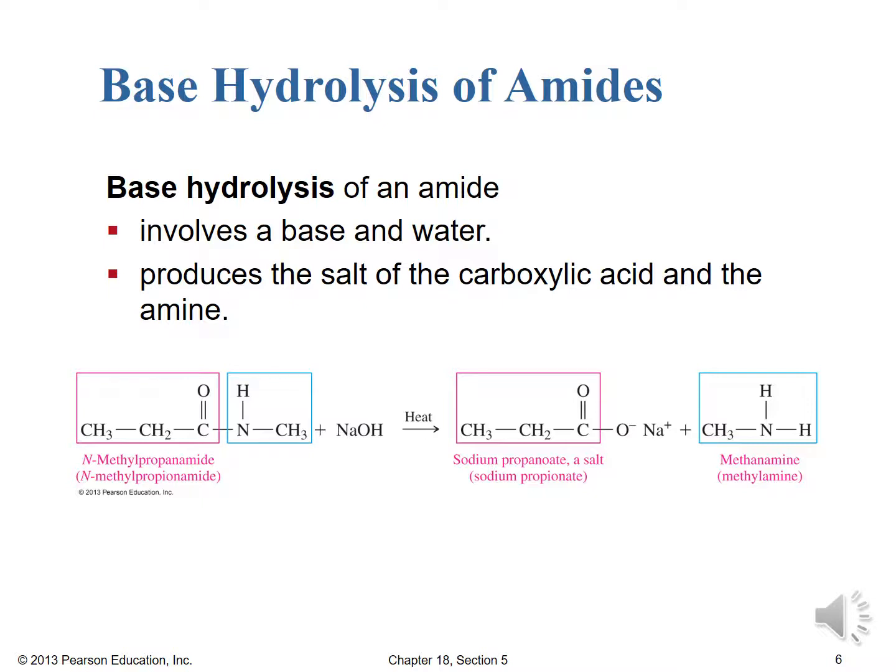So here, if we take N-methylpropanamide, or N-methylpropionamide by common naming, and sodium hydroxide and heat, though we wouldn't use sodium hydroxide biochemically, so this is really more a lab scale reaction rather than a biochemical reaction. It would make sodium propanoate, a salt, or if we're using the common naming, sodium propionate. And then we'd have the methanamine or methylamine for the neutral amine byproduct.